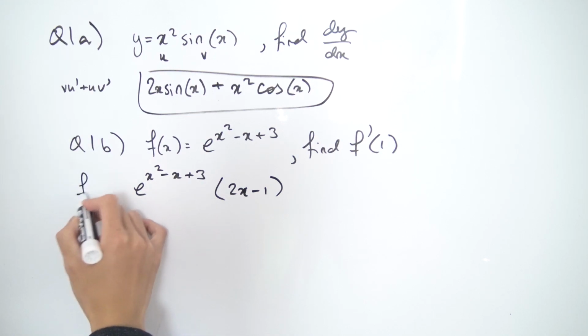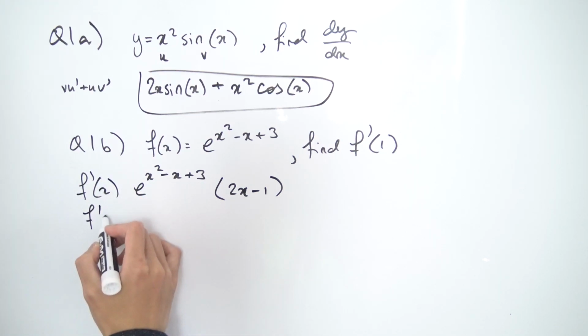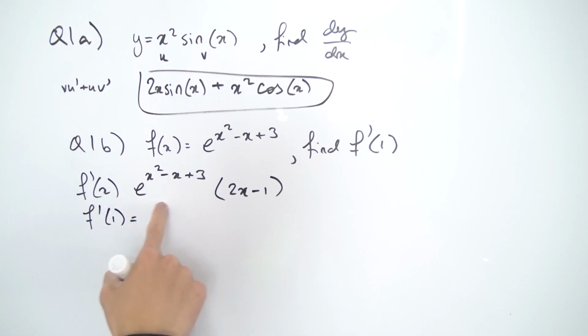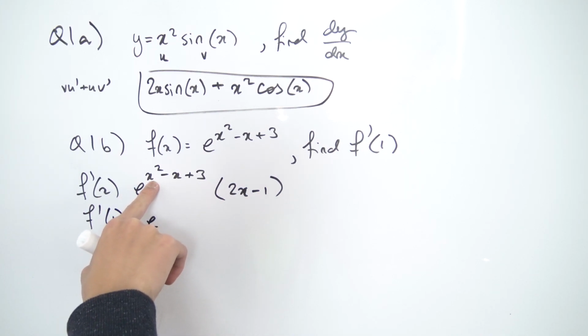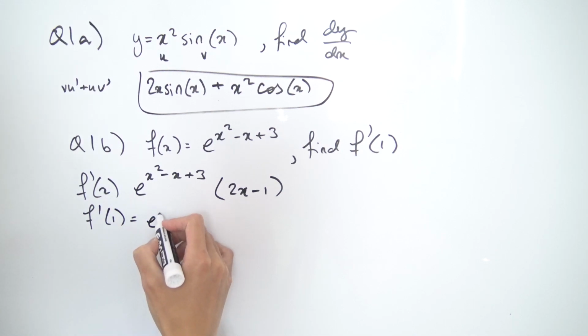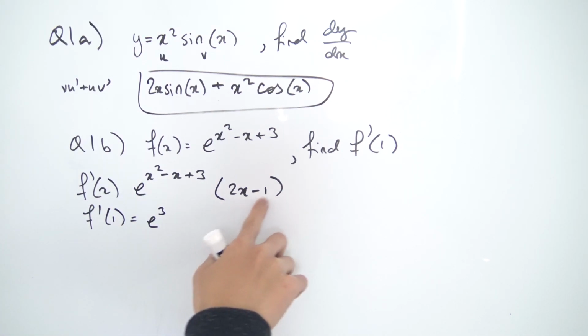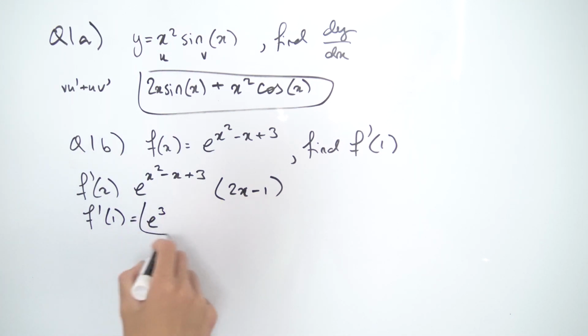So this is f prime of x, and now we just have to evaluate f prime of 1, so you just plug 1 into all the x's. We're going to get e to the power of 1 squared minus 1 plus 3, well, 1 minus 1 is 0, so you're left with e to the 3. And then if you plug 1 into here, 2 times 1 minus 1 is just 1, so this becomes your answer.